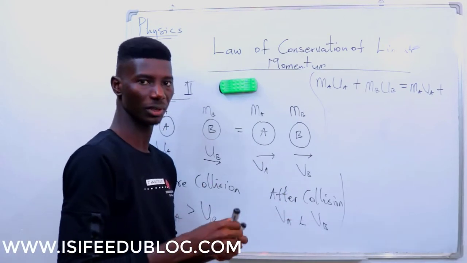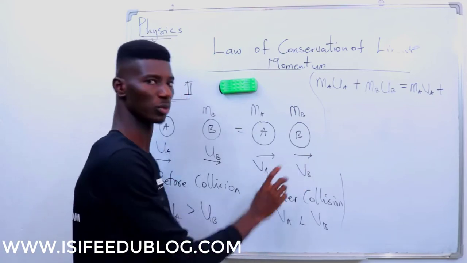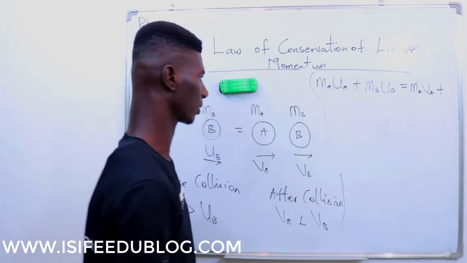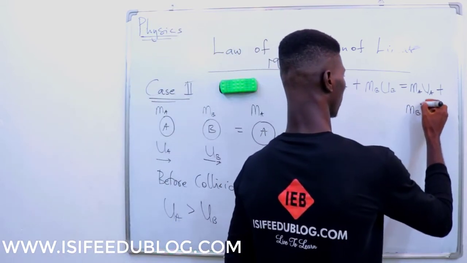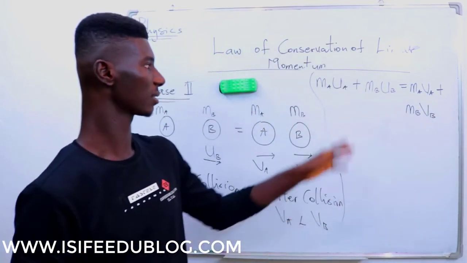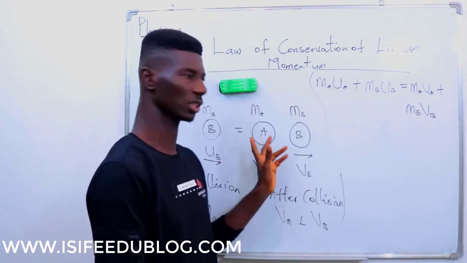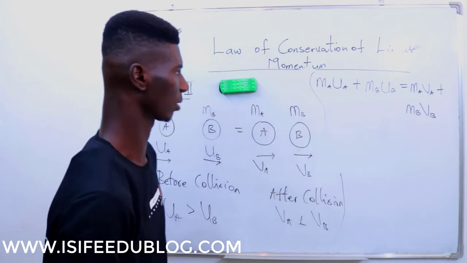Always read your question very well. Always read your question to understand. So if both move in the same direction, you are adding. You are not subtracting. It is plus, not minus. So plus this, which is MB, final velocity VB. Always remember, the mass does not change. At most you can add your mass, but it does not change. The mass of a body, provided it is linear motion, remains constant.